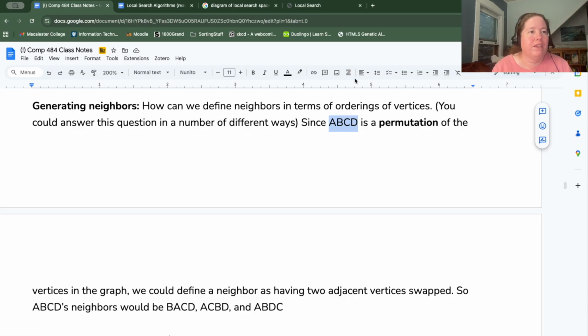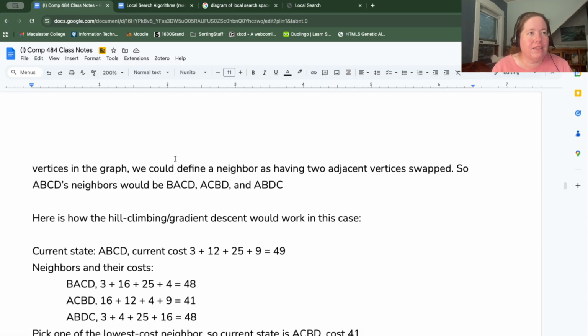What we want is something that's similar to this one, but not exactly identical, because then it would be this one. So what I've chosen in this case is that a neighbor has 2 adjacent vertices, and only 2, from the original swapped. A, B, C, D is our original. One neighbor would swap the A and B, and so we'd get B, A, C, D. One neighbor would swap the B and C, A, C, B, D, and one neighbor would swap the C and D. So not everything in the space is a neighbor, but we have some number of neighbors, and they make sense.